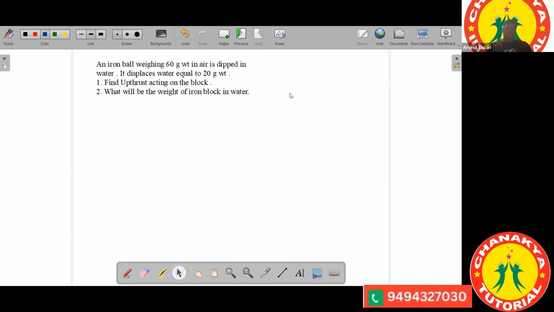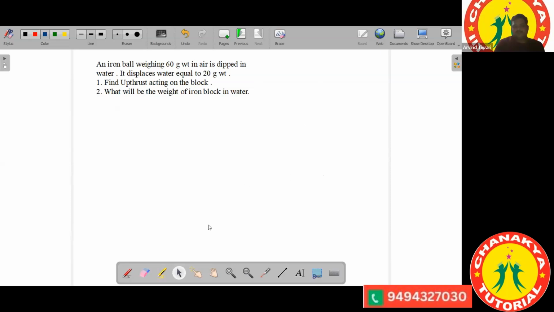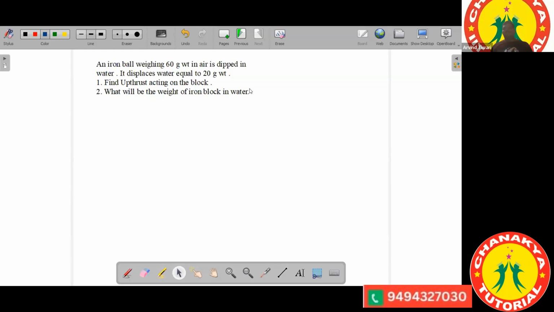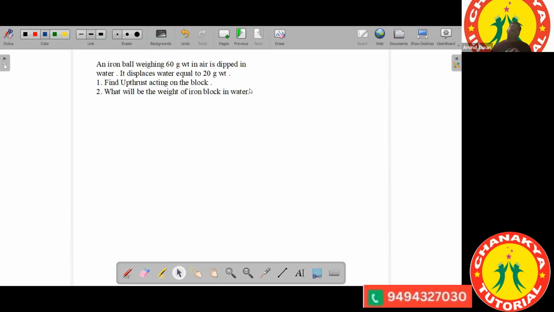Yeah, Harini, have you got the answer to the first question? Sir, I made a small calculation error, so I'm doing that question again. Okay. If you just remember the statement of the Archimedes principle. Sir, the volume displaced by the water is equal to the volume of the object. That is not the statement of the Archimedes principle.